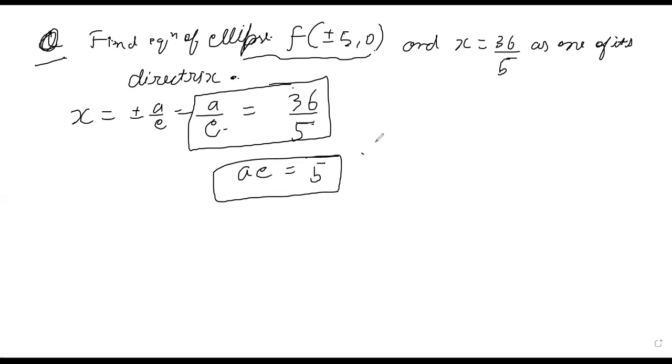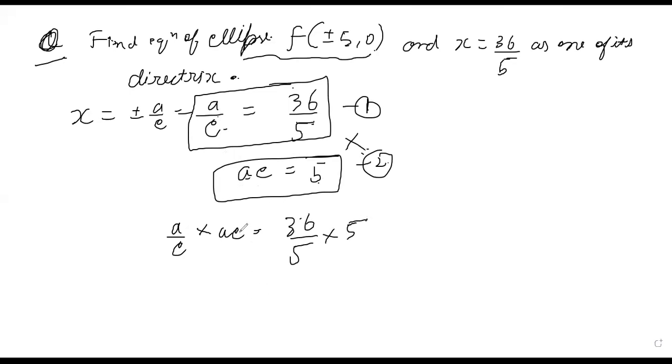Now, if AE is given as 5, we can solve both of these equations. If we multiply these two equations, A by E into AE will equal 36 by 5 into 5.